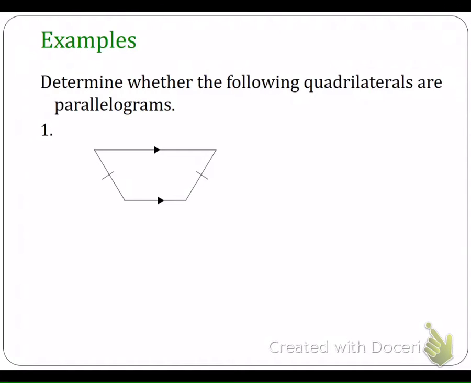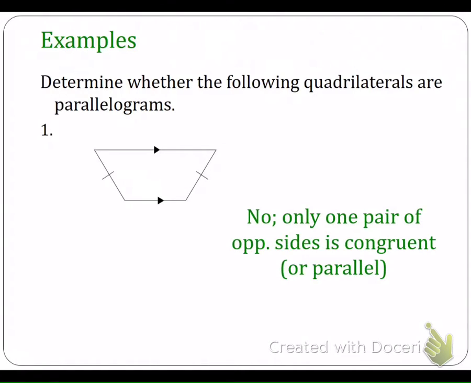You can't mix and match, okay? So this is a no, only one pair of opposite sides is congruent, or you could say only one pair of opposite sides is parallel, depending on which pair of sides you're looking at. So they both need to be congruent, or they both need to be parallel. You can't mix and match. Questions?